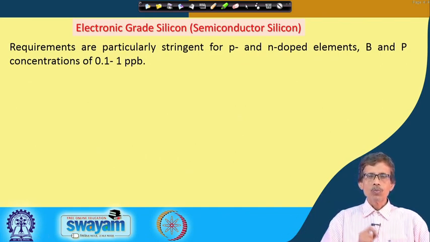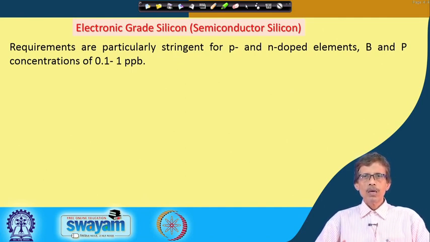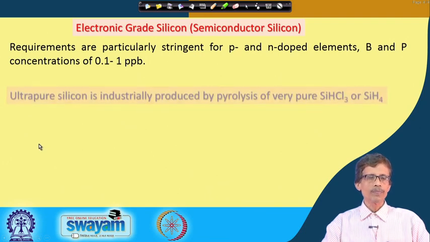So, a very small amount of either boron for one type and phosphorus for the other type we can introduce, because silicon is a group 4b element. So, either you go to the third group or you go to the fifth group for the corresponding doping, giving you the p type and the n type elements for introduction into the silicon structure.